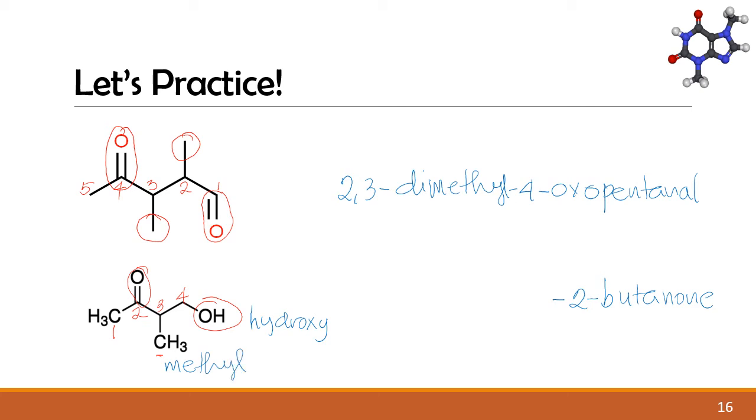When writing substituents, we arrange them alphabetically and include the carbon number to which they are attached. So in this case, we first write methyl attached to carbon 3, then we write hydroxy attached to carbon 4. So the full name of this compound is 4-hydroxy-3-methyl-2-butanone.